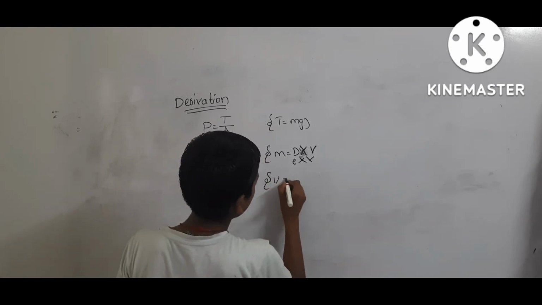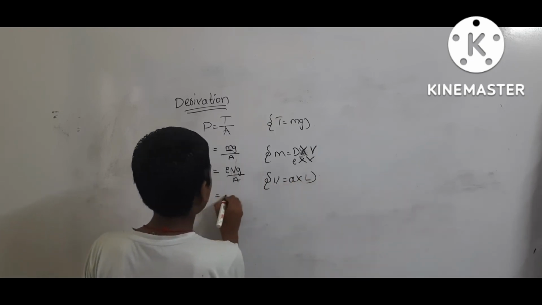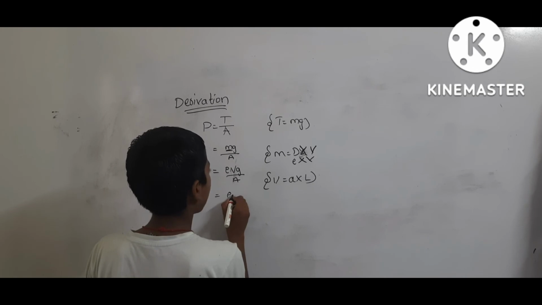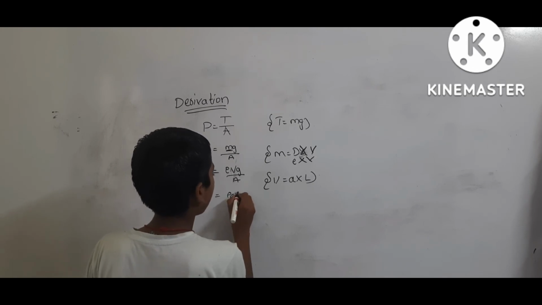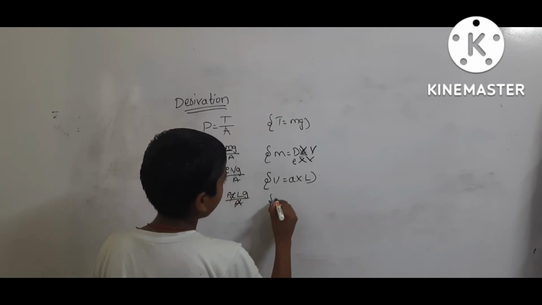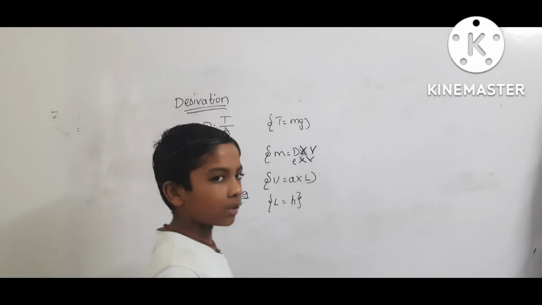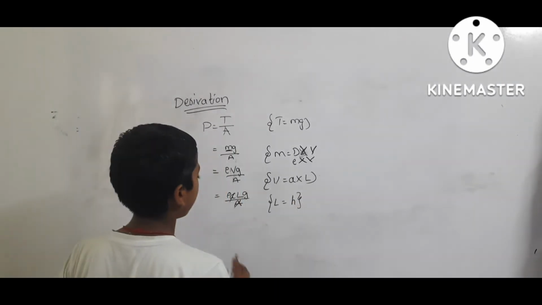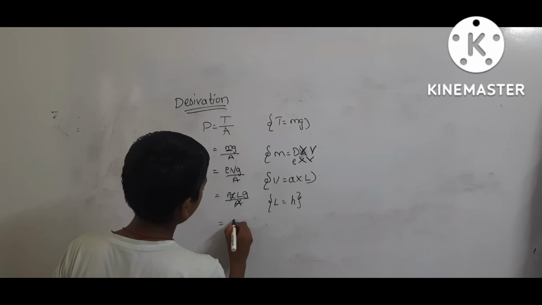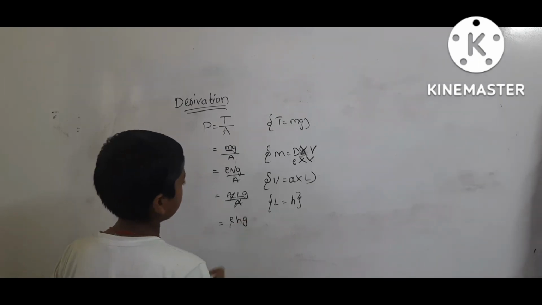Next, volume equals area into length, so P equals rho A L g by A. A cancels, and here L equals height or length or base, anything. So we can write P equals rho h g.